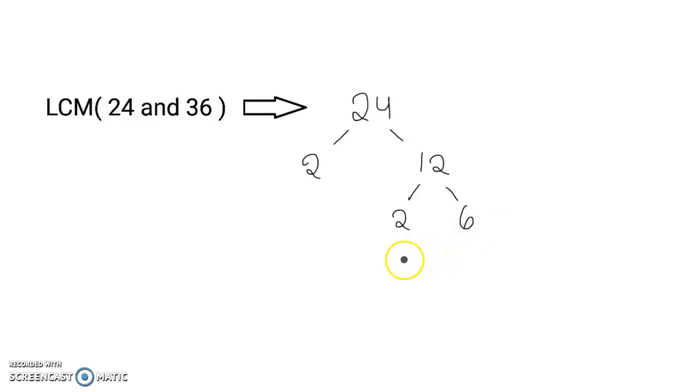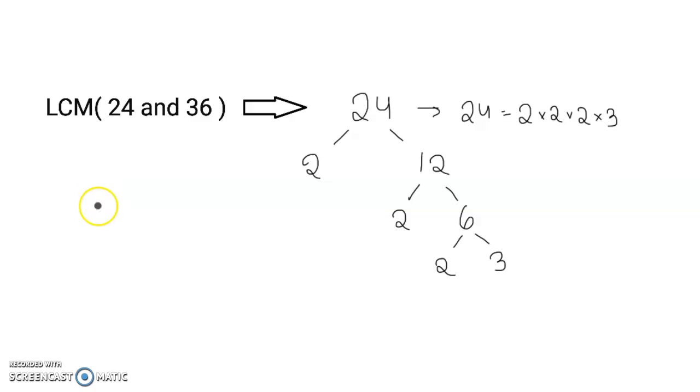I can't divide 2 any further, but I can divide 6 into two factors, which could be 2 and 3. So, the prime factorization of 24 is equal to 2 times 2 times 2 times 3.